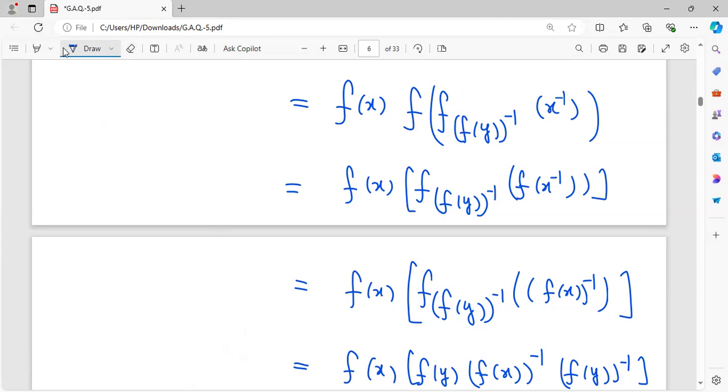Do not take it outside, you can keep it inside as well. This is f inverse.